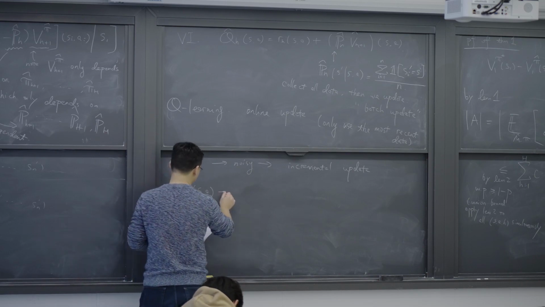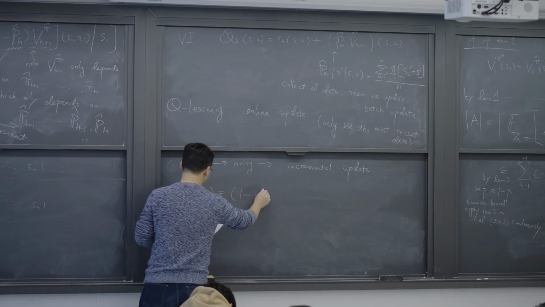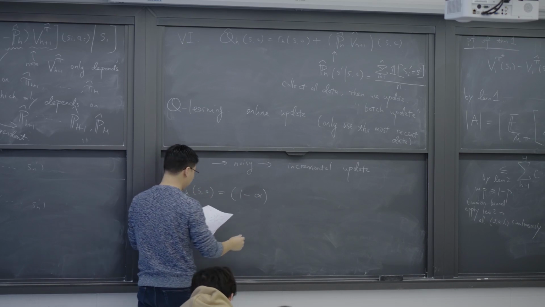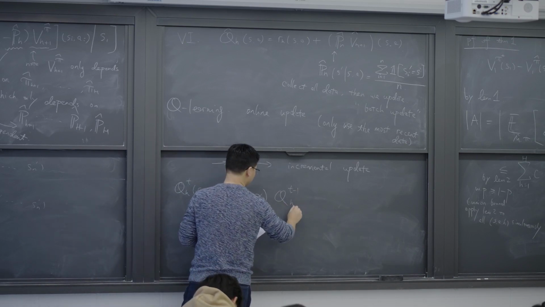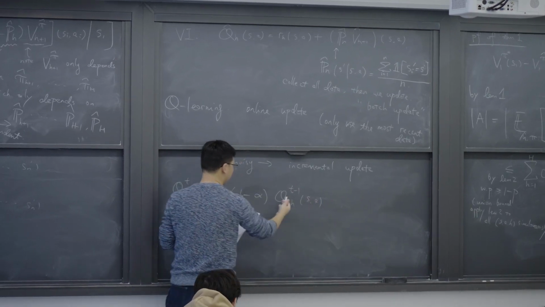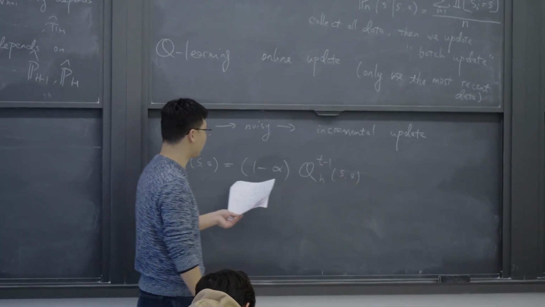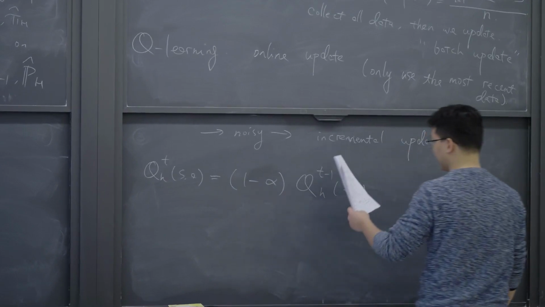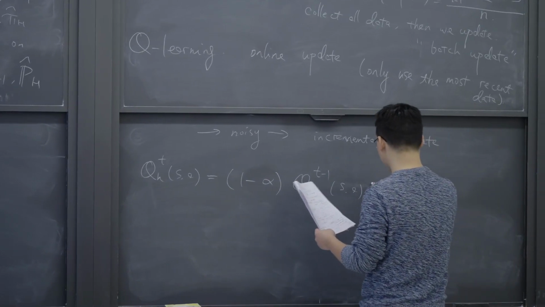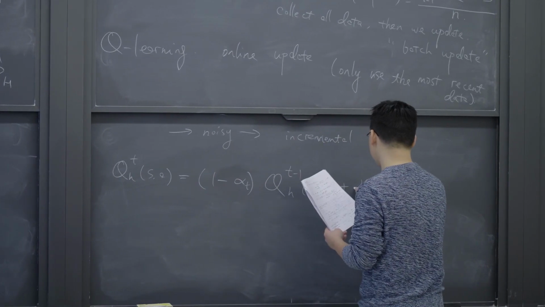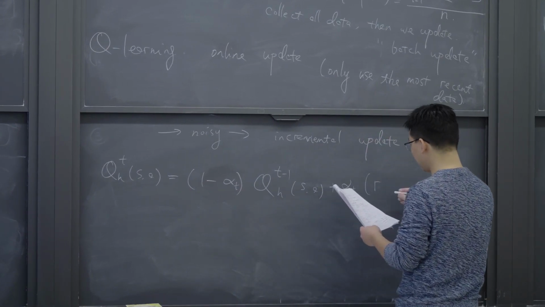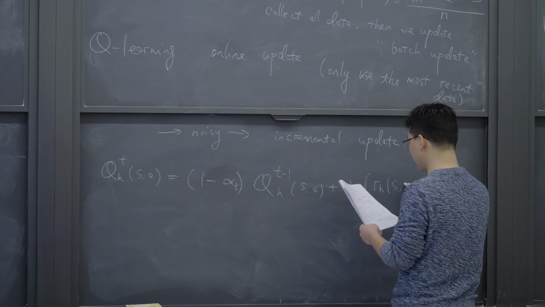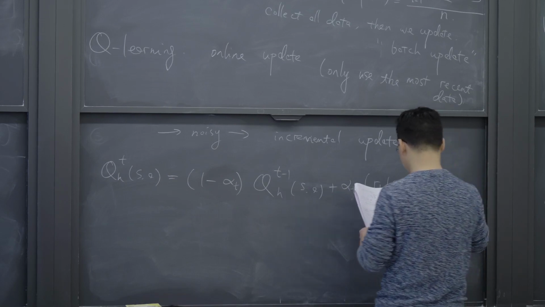It turns out the update equation is something like this: Q_t,h(s,a) is equal to 1 minus alpha_t fraction of Q_{t-1},h(s,a). That is, we have some previous Q value, and with the 1 minus alpha_t fraction we trust the previous Q value. With alpha_t fraction, we trust the new data. And the new data is a single data point, where we look at the reward and the value at the next step.